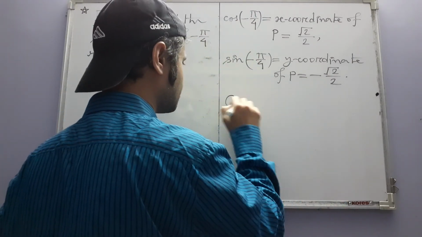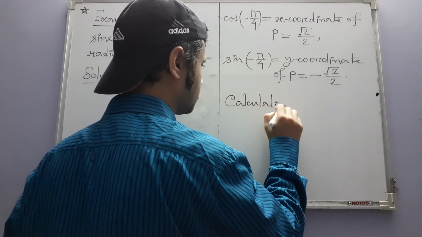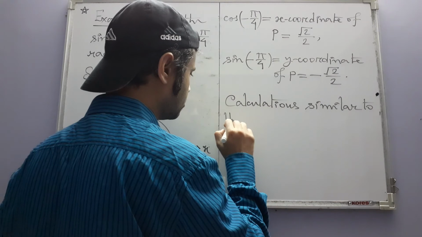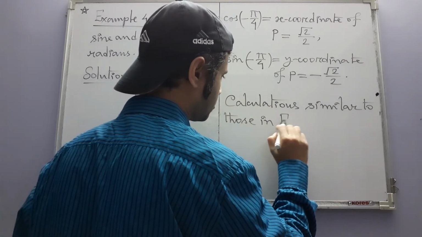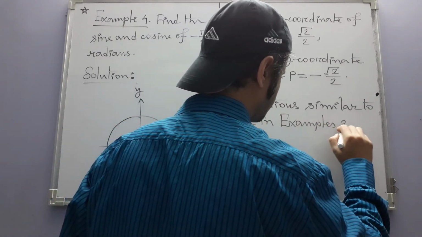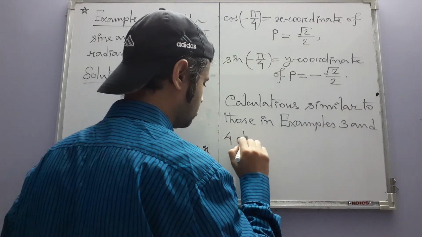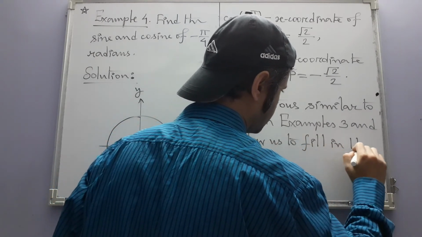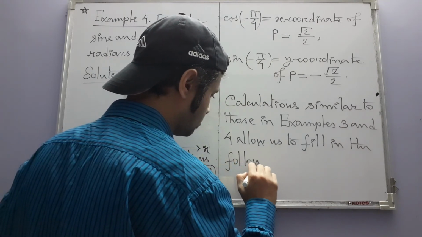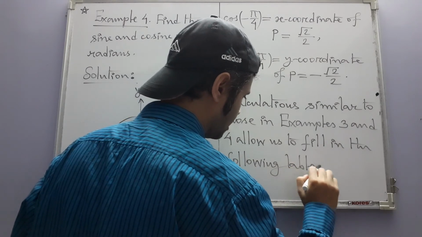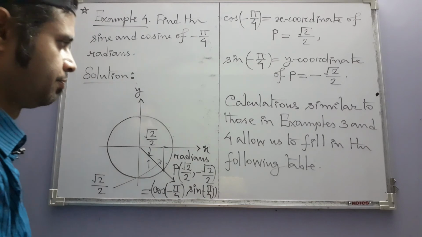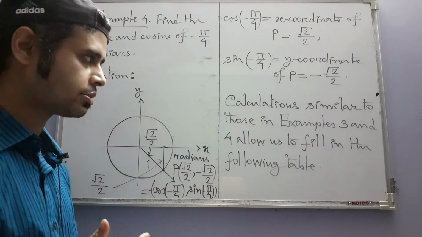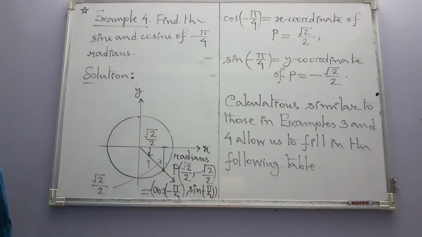Finally, calculations similar to those in examples 3 and 4 allow us to fill in the following table, in which we are going to show the values of the trigonometric functions, the first three, sine, cos and tangent, for some standard angles.